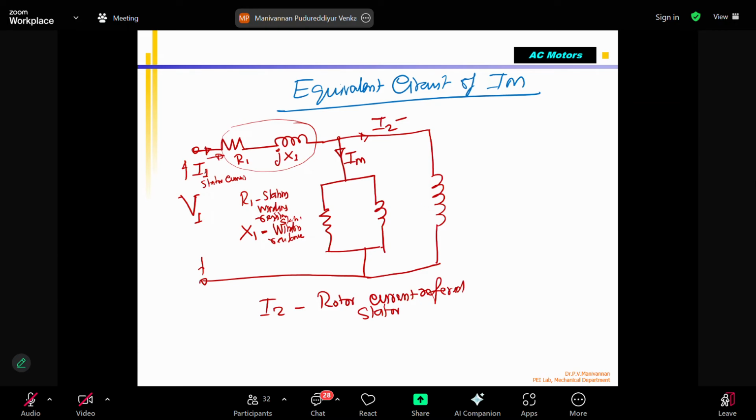That magnetic field depends upon the current. That's why I2 is called the rotor current referred with respect to the stator, and IM is called the magnetizing current in the stator coil.